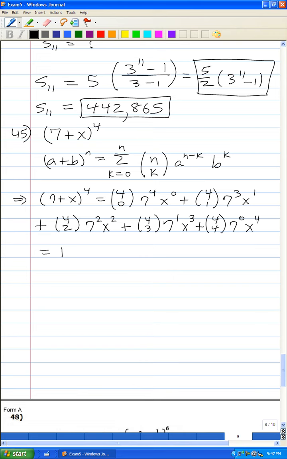So 7 to the power of 4 is 2,401. x to the 0 is just 1. 4 choose 1 is 4. 7 cubed is 343. Plus 4 choose 2 is 6.